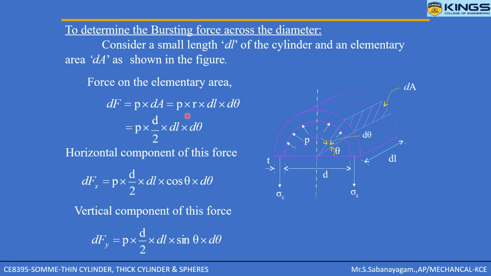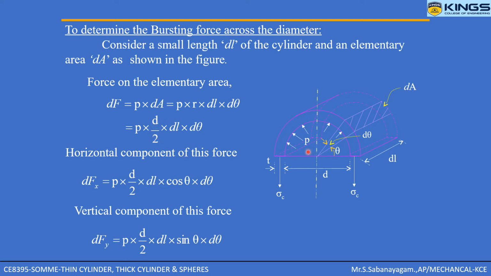The area will be R into dl into d theta, since this is an elementary area, hence these parameters are taken. So the force is the pressure applied times dl into d theta, right? This radius will be replaced with d by 2, since twice the radius is the diameter, right?